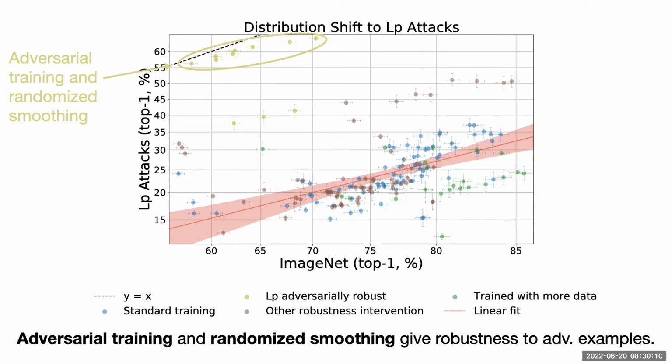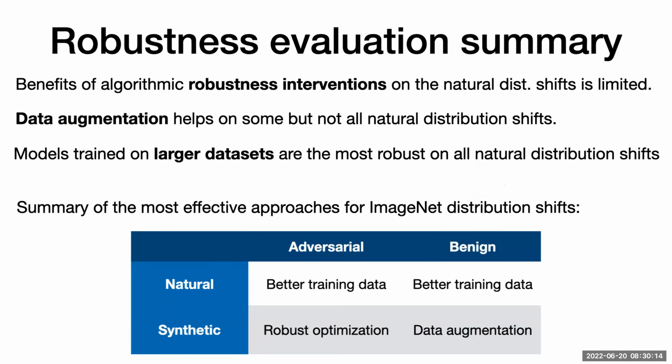Cool. This was a lot now. So let's summarize this quickly. But we can look at this again in this 2x2 picture. One dimension adversarial versus benign, the other one natural versus synthetic. What does best? So all of the robustness interventions that people have come up with currently only offer limited gains on a natural distribution shift. So for ImageNet V2, ObjectNet, ImageNet R, and so on, the best thing you can do at the moment is just train on a lot more data.